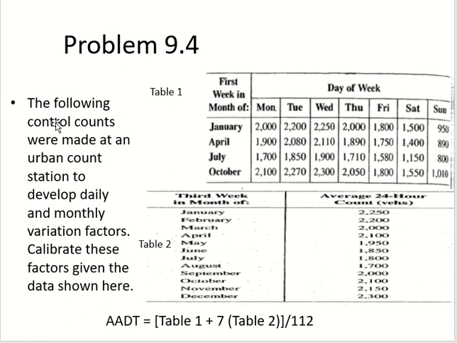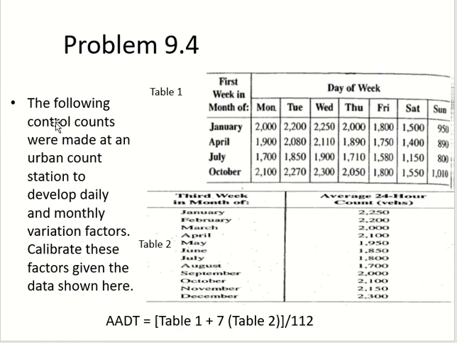So total is 112. You got how we got 112: 28 days from the first table, 7 into 4, and 7 into 12 from the second table. Total 112. We'll do the same thing for traffic as well.